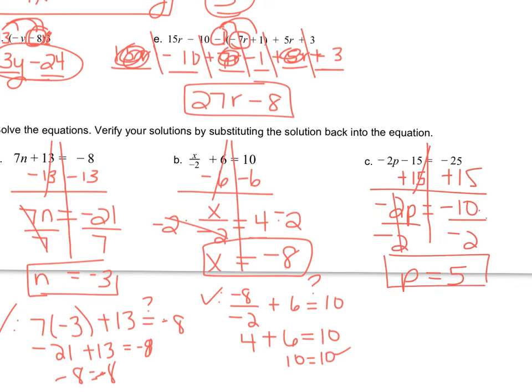Negative 10 divided by negative 2 is positive 5. If I check my answer, negative 2 times 5 minus 15, does that equal negative 25? So I have negative 10 minus 15, and that, sure enough, makes negative 25. So they work.